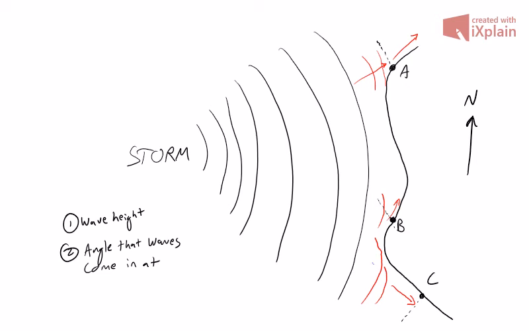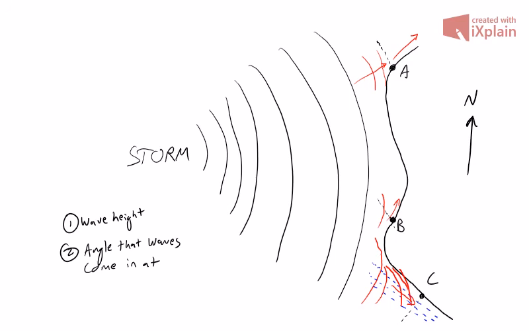So if we look at the bottom contours as they're going to appear along the coastline for C, the waves are coming in at a pretty steep angle to those contours, so there's going to be a decent amount of refraction, and the waves are going to bend more, right, to make them more parallel to shore, so that they're not going to come in at a super steep angle to C.